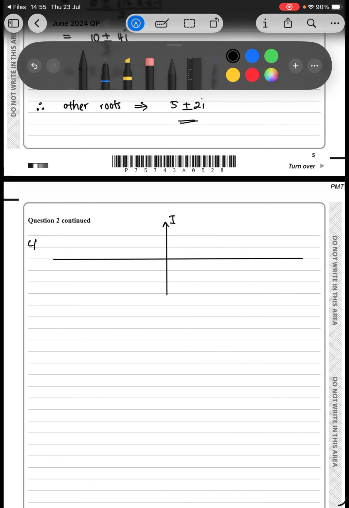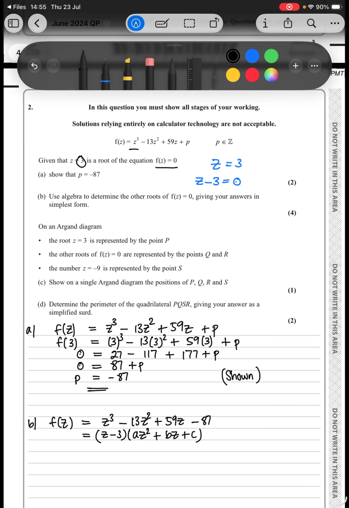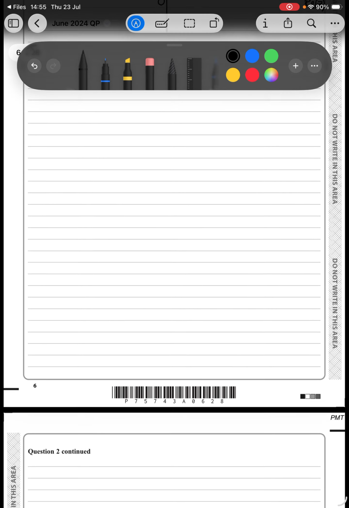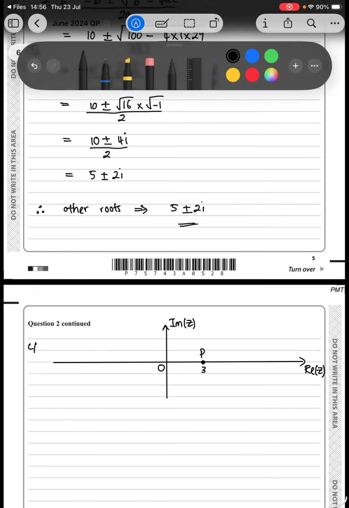This is going to be our imaginary axis of z, and this axis is going to be the real axis of z. Okay, so let's mark our points. The first point is z equals 3, which is represented by P. So I'll mark it over here, 3, which is point P.